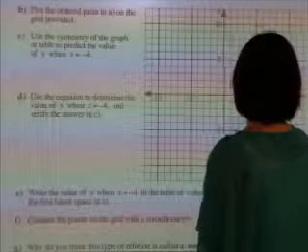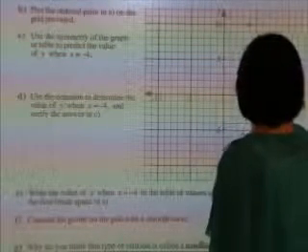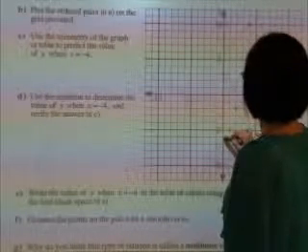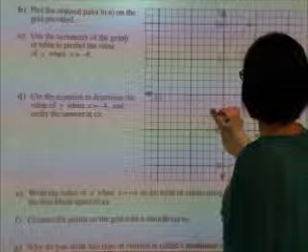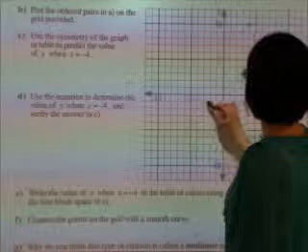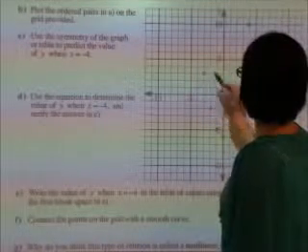I've got 4 and 10, 3 and 3, 2 and negative 2, 1 and negative 5, 0 and negative 6, negative 1 and negative 5, negative 2 and negative 2, and negative 3 and positive 3.